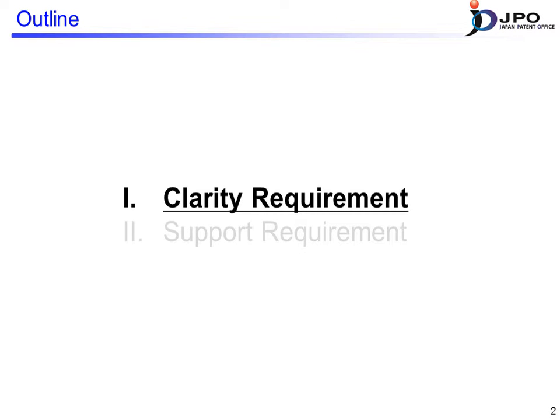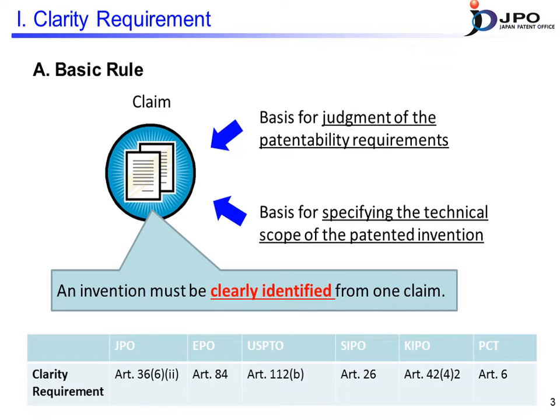First, let's look at the clarity requirement. I will explain why the clarity requirement is necessary. Claims have two important roles. First, claims serve as the basis for judging patentability requirements.